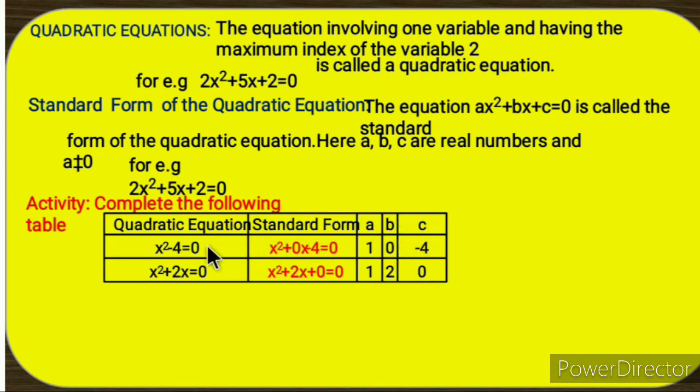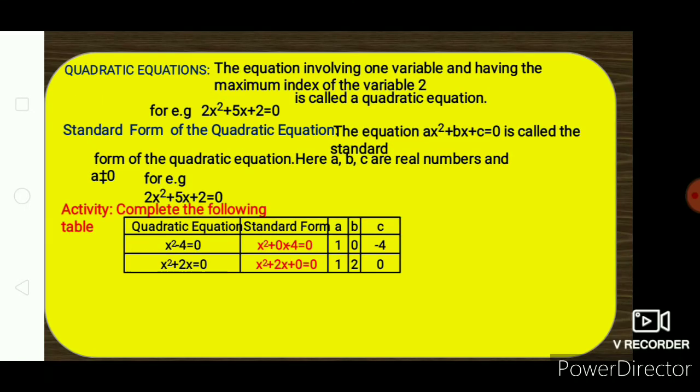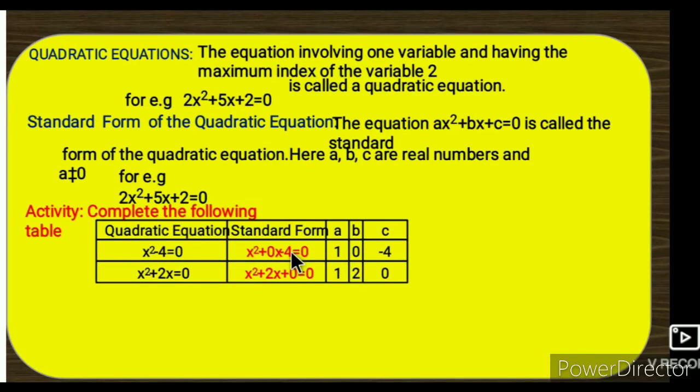Here the first example is x square minus 4 is equal to 0. In this polynomial, the x term is missing. When we write the given equation in standard form, the missing term has coefficient 0. Therefore, the given quadratic equation in standard form is x square plus 0x minus 4 is equal to 0.